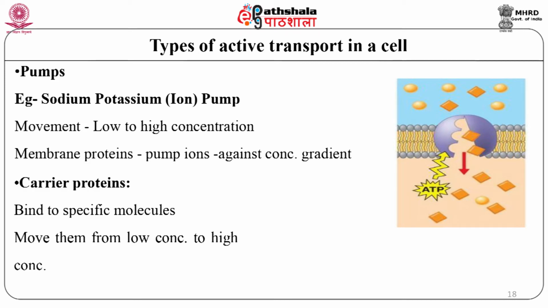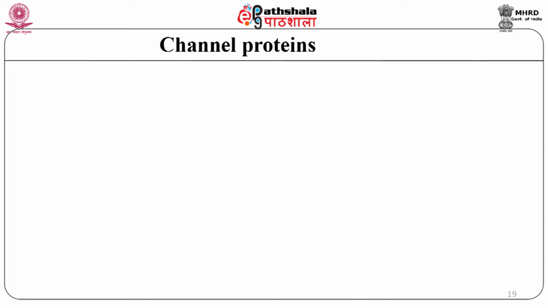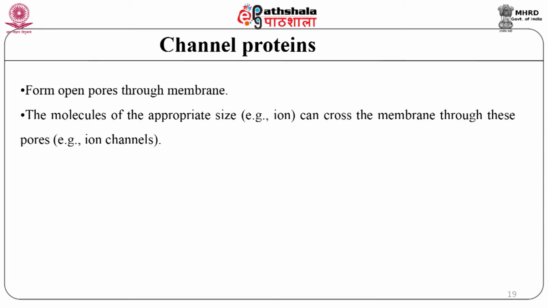Carrier proteins. They bind to specific molecules and move them from an area of low concentration to an area of high concentration. Channel proteins. They form open pores through the membrane. Molecules of appropriate size, for example ions, can cross the membrane through these pores, for example ion channels.